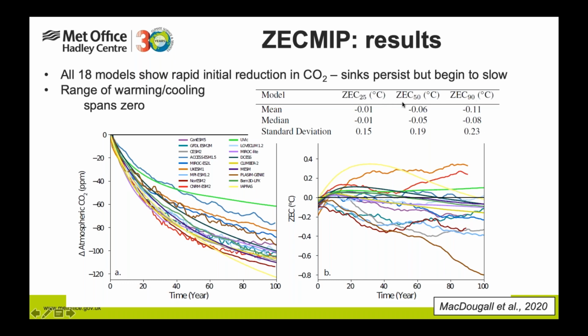So up here, 25 years or 50 or 90 years. Typically, it's very close to zero, plus or minus 0.1 or 0.2. So this is very consistent with the IPCC's assessment of the zero emission commitment as zero. But now we've at least got some process-based backing to understand why that is.